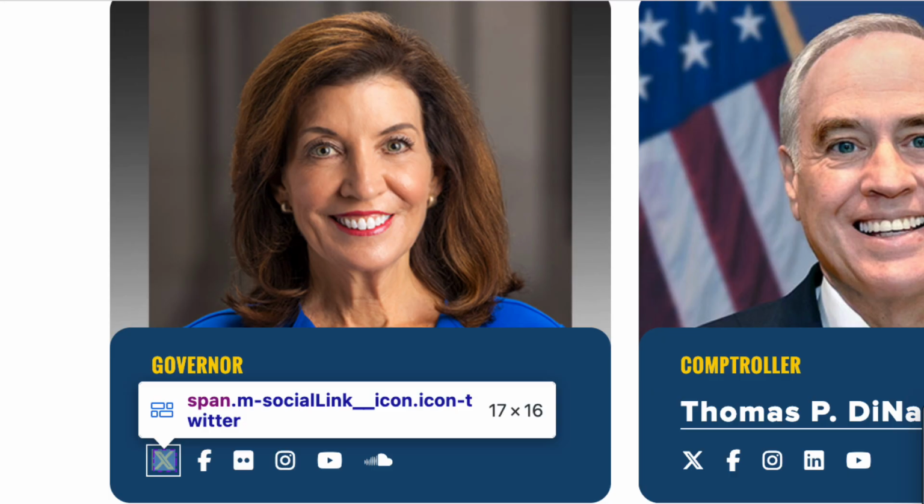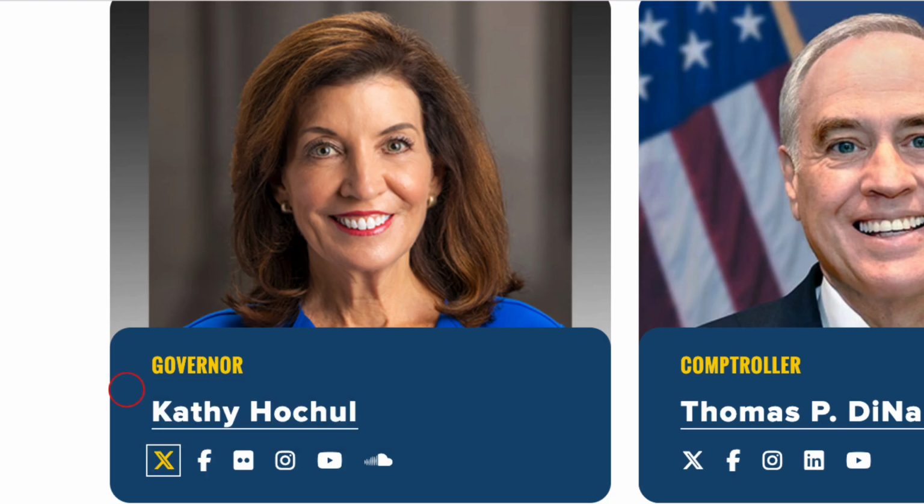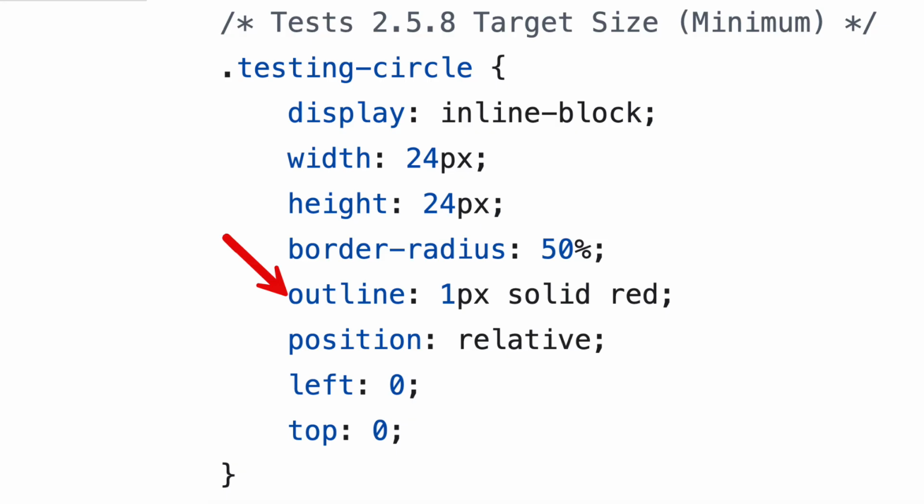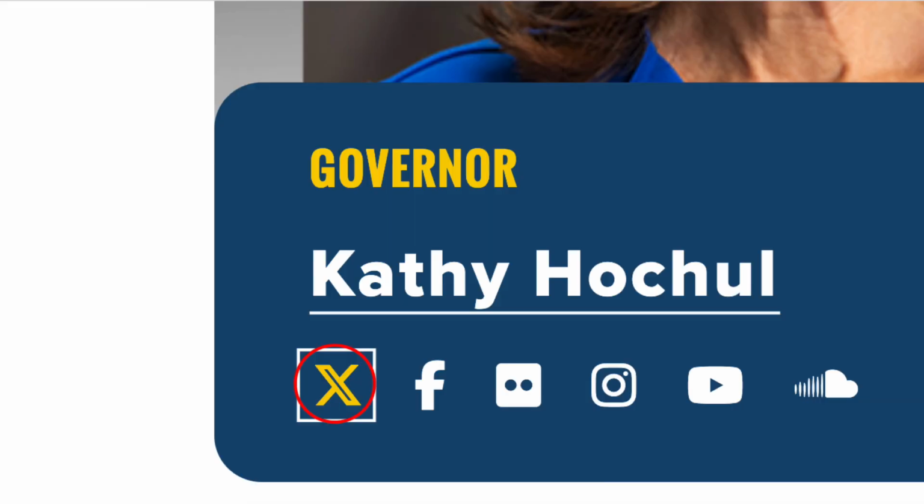So what I'm going to do is edit as HTML, and I'm going to create my circle. Okay, so we have our circle. Now let's bring it where the actual icons are. So remember, to test with the circle, we need to bring it in the center of the element we're testing.